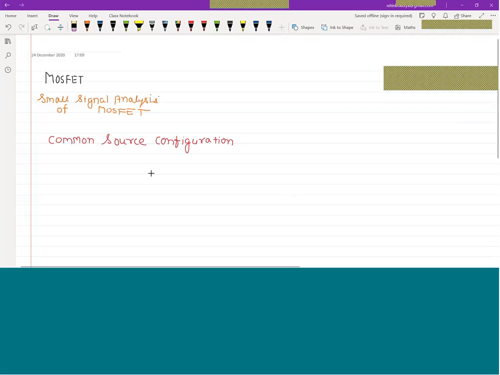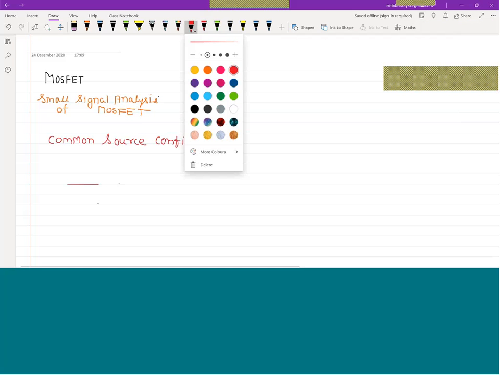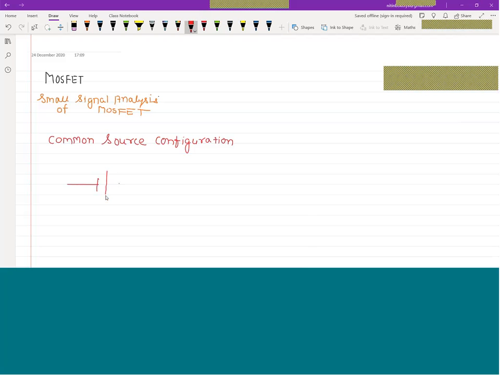In the common source configuration, we have one drain resistance, and this is connected to ground.